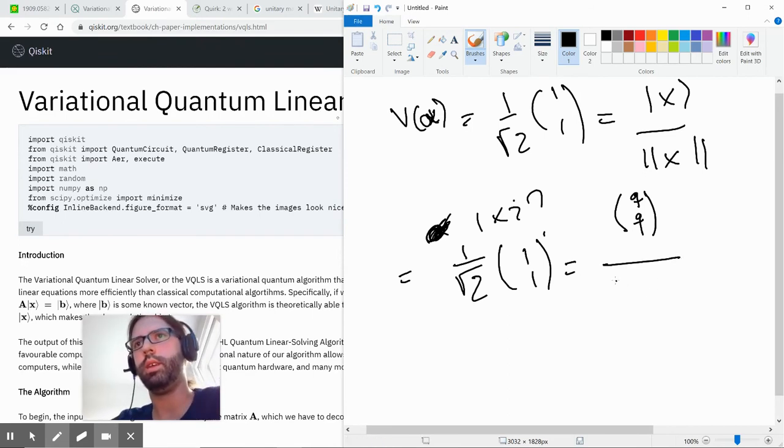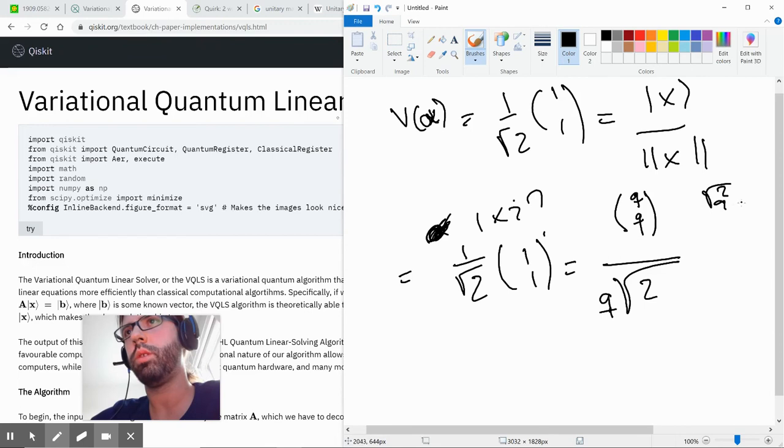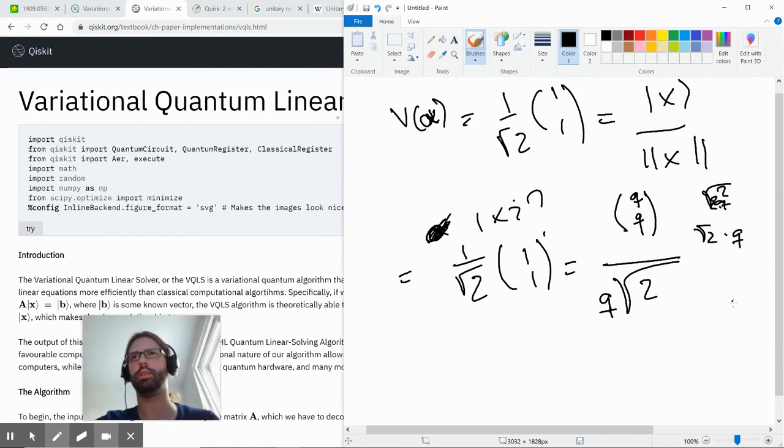And it's going to have basically q, we said square root of 2, right? Because this would be square root of q of 2 times q, and so that would leave us with square root of 2 times q. So yeah, that's this here.